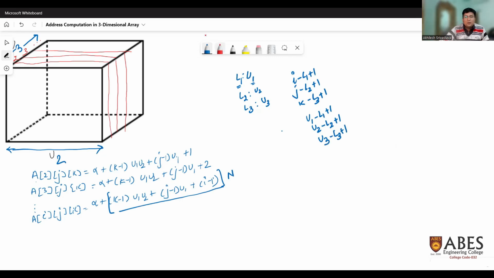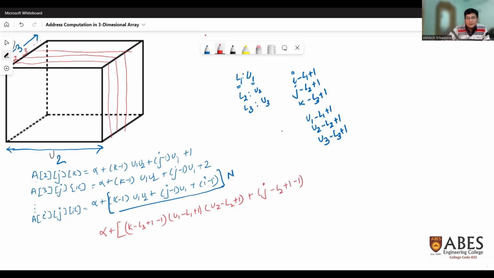Now let us remove all the assumptions here, and the formula will become alpha plus, we are replacing k with k minus L3 plus 1. Minus 1 is already there. We'll replace U1 with U1 minus L1 plus 1, U2 with U2 minus L2 plus 1, plus j with j minus L2 plus 1.